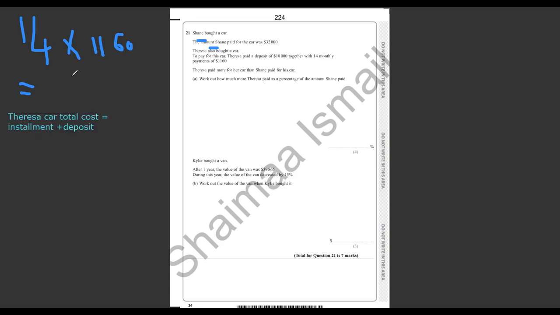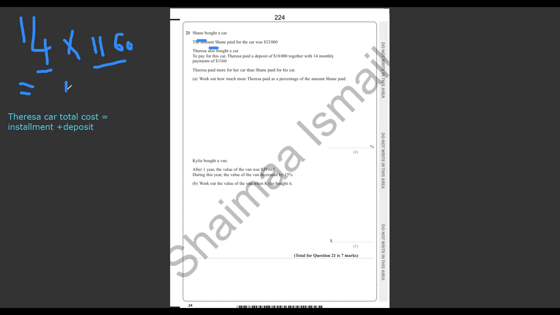So the installment here will be the 14 multiplied by 1,160. And when we get it, then we subtract it here. So this will give us a total cost of one.